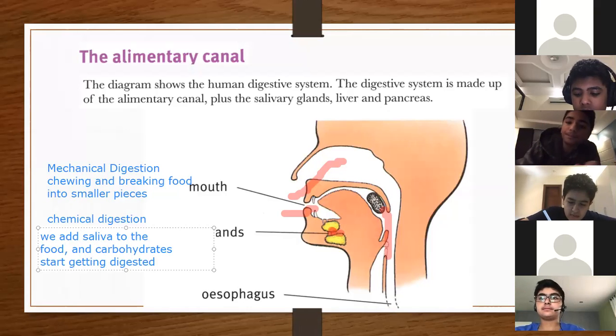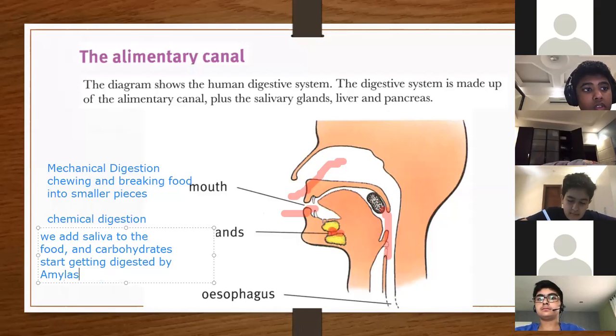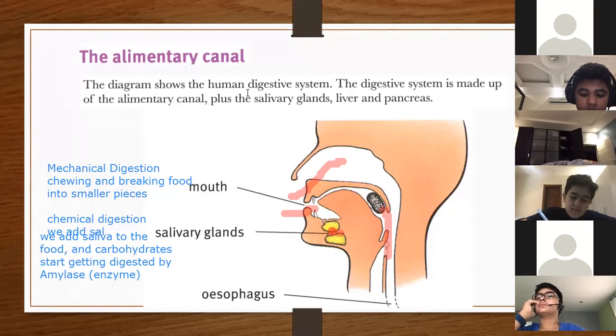There's an enzyme which is known as amylase. That's an enzyme which speeds up the chemical reaction. The enzyme is a substance which has the ability to speed up a chemical reaction.